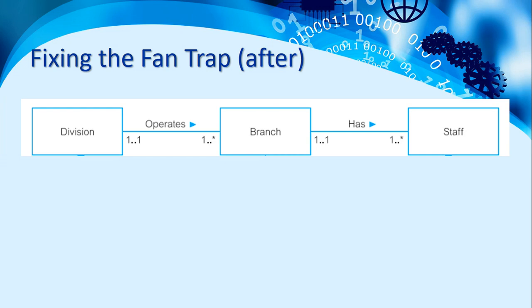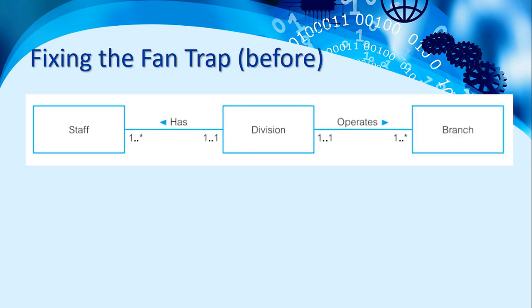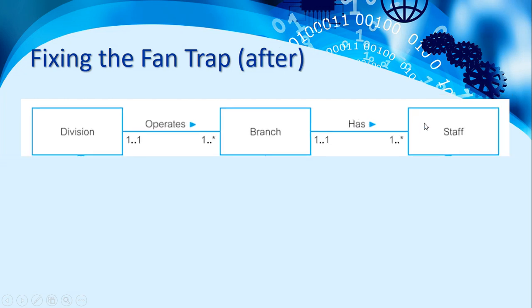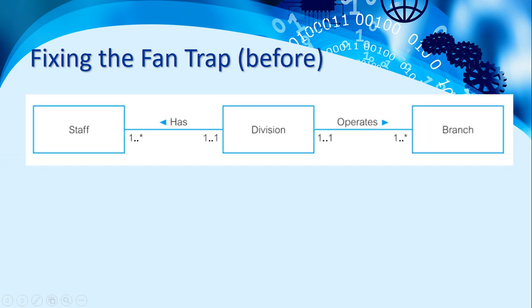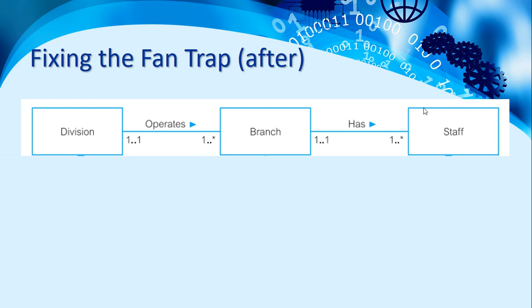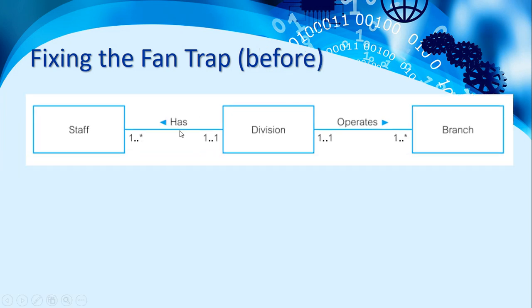This time, we restructure. The division and branch relationship stays the same, operates. But this time, the branch has a relationship with the staff, rather than the staff having a relationship with the division.